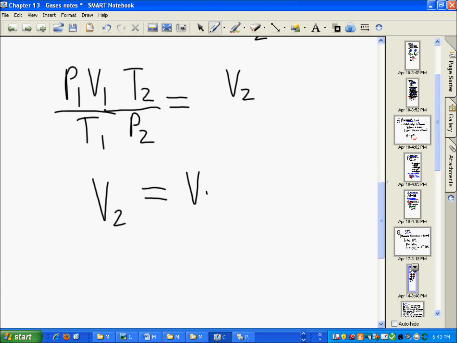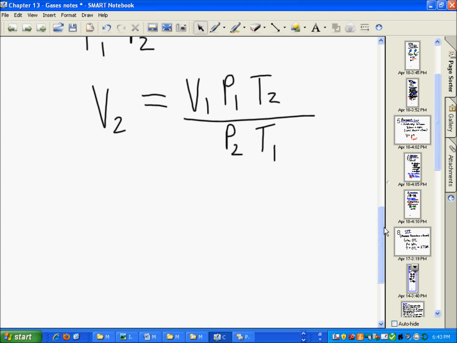So it's going to be V1 times P1 over P2 and T2 over T1. So again, you don't have to rearrange it this way. It would work out fine if you didn't. But it just makes it a little easier to see what's going on if you put them over top of each other. So now we can plug numbers in.